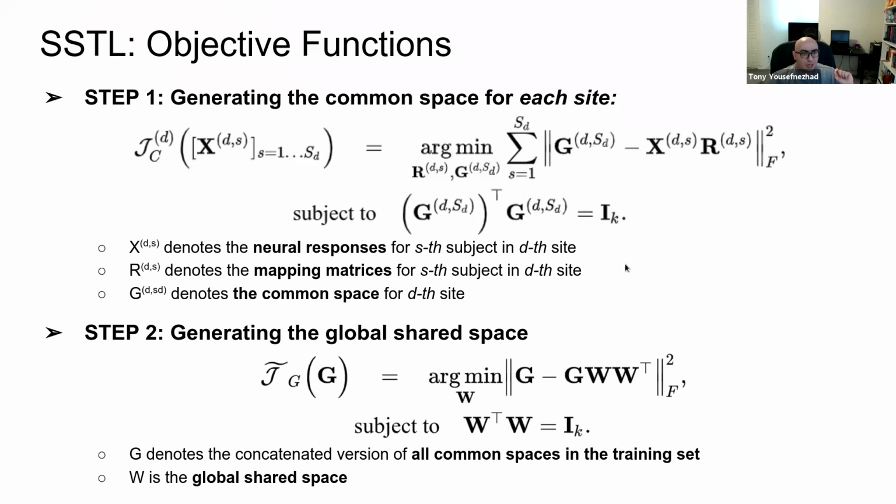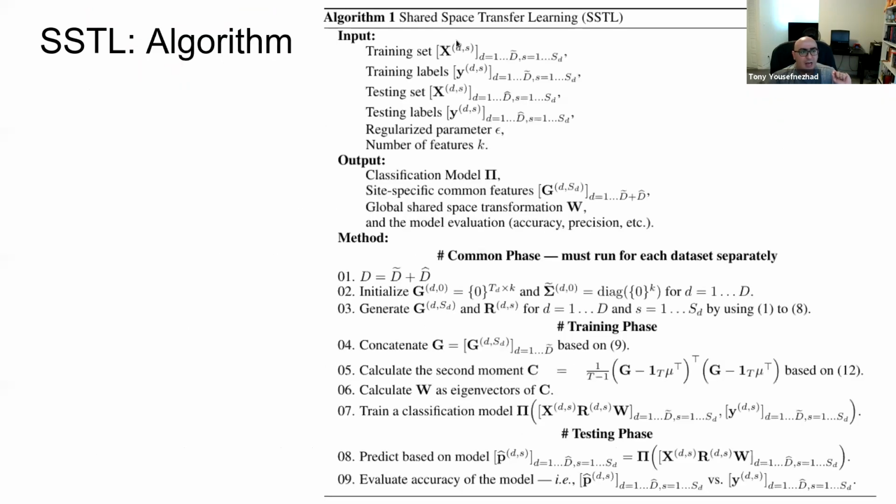The first step is generating the common space G for each site independently, and then concatenating these G's into a single G, and then mapping them to a global shared space. The algorithm should be something like this. We have a training set, which is a multi-site data set, a testing set, which is a multi-site data set again, and we have some regularization term and number of components.